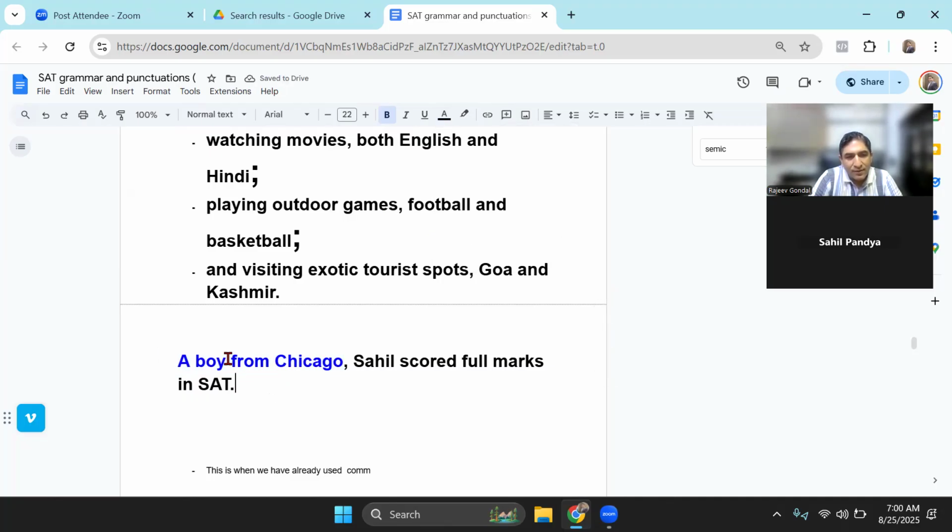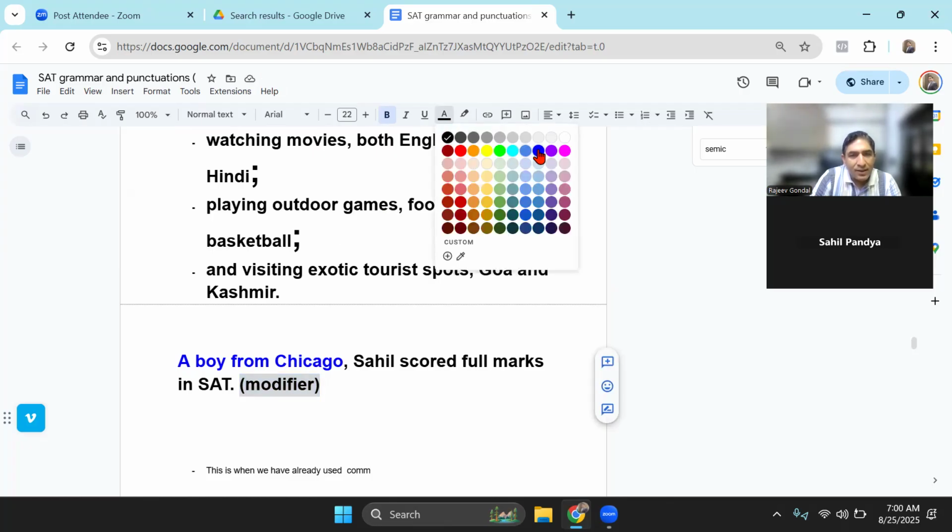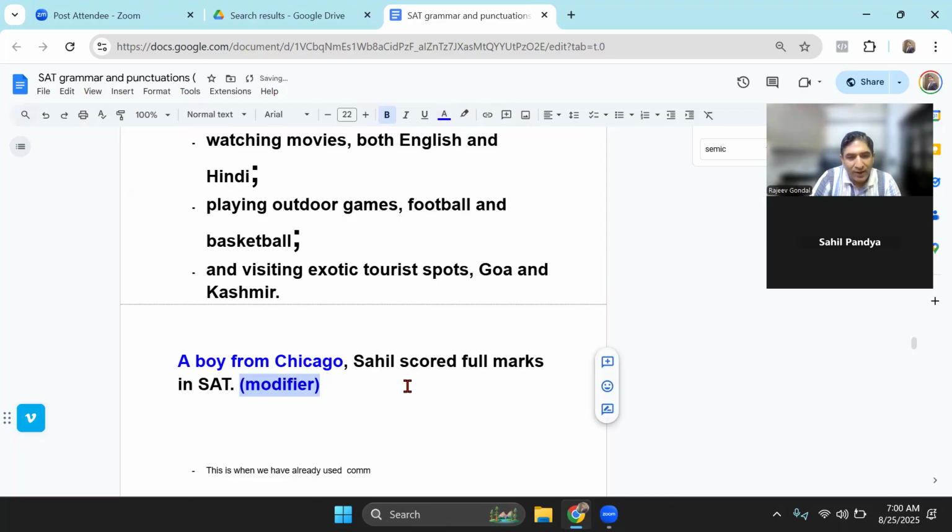So this is nothing but a modifier. Some small phrase which gives some extra details about something else is called a modifier. Do you get it?